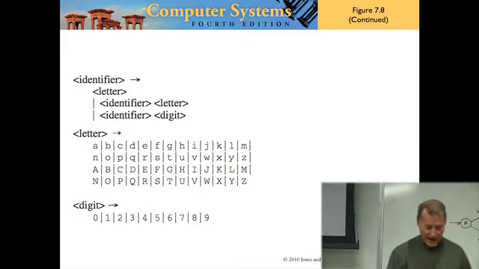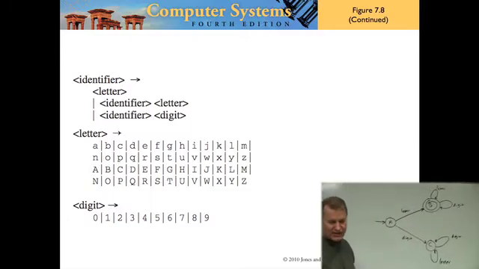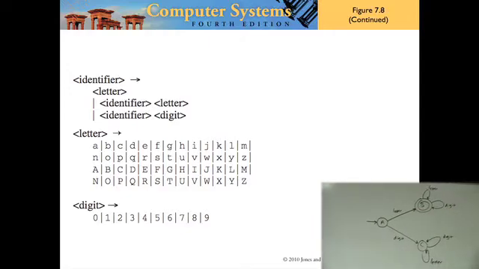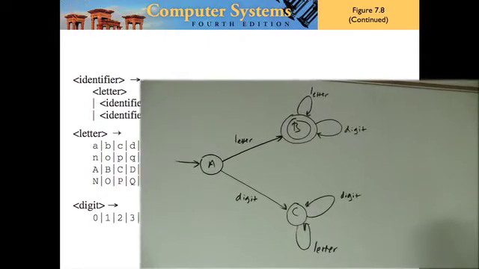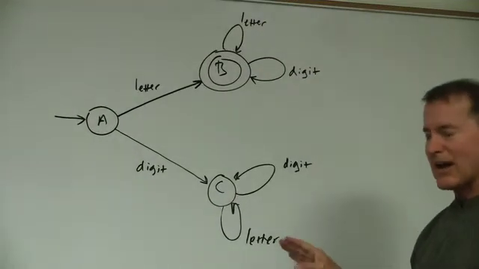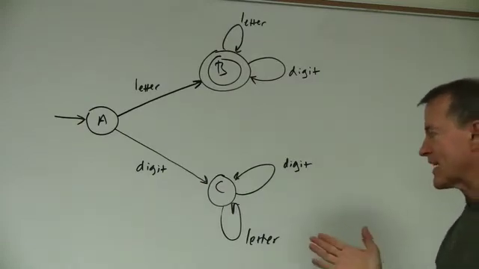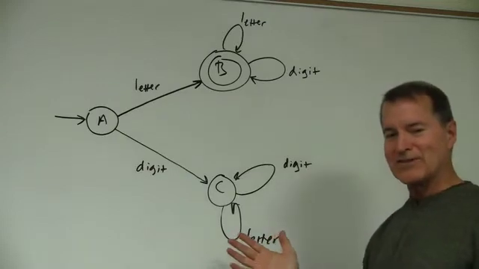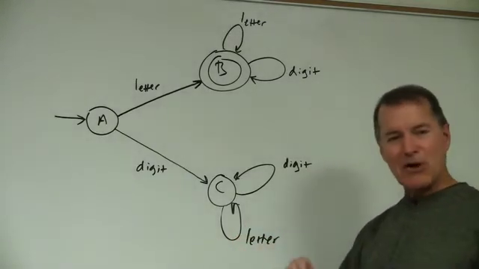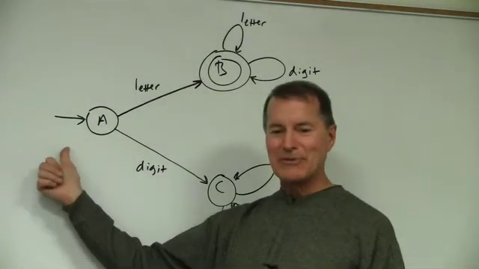But now my claim is that this is a finite state machine that recognizes an identifier in the same way that grammar does. We haven't said how this works. I'm just making this claim. So now here's the question: how does it work? You use your imagination, like this is a little model railroad and this is a track, and the engine comes in from the front.